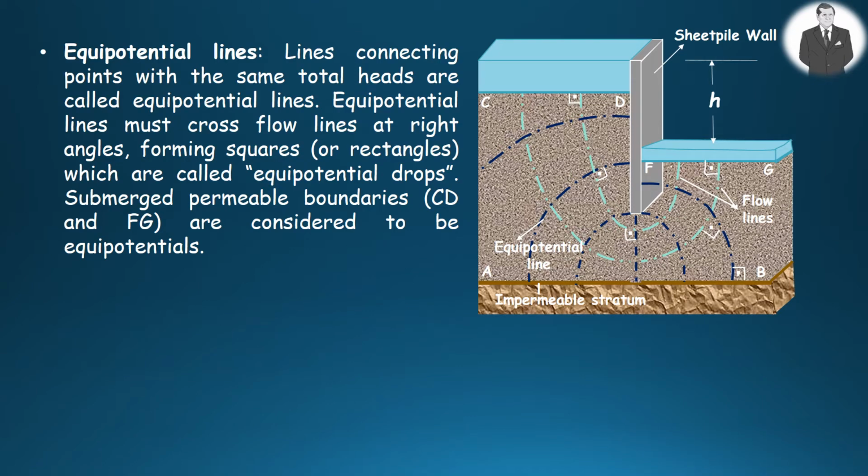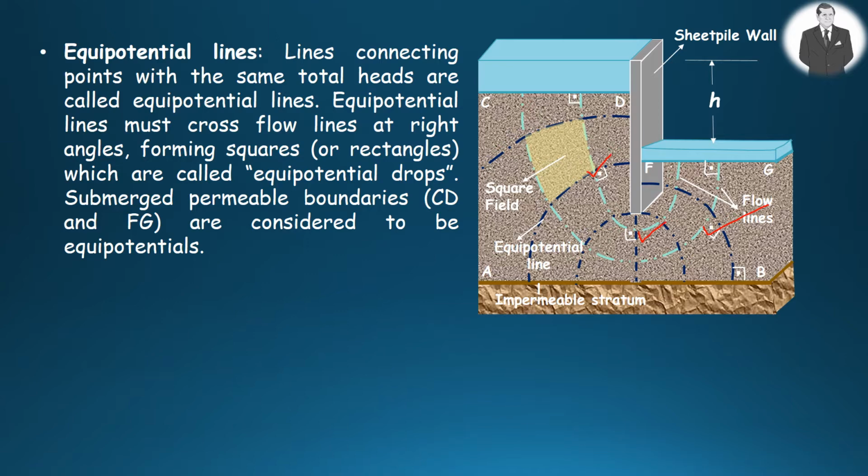Lines connecting points with the same total heads are named equipotential lines. These lines must intersect flow lines at right angles, as shown in the figure here. In this way, near squares or rectangles are formed, which are termed equipotential drops.